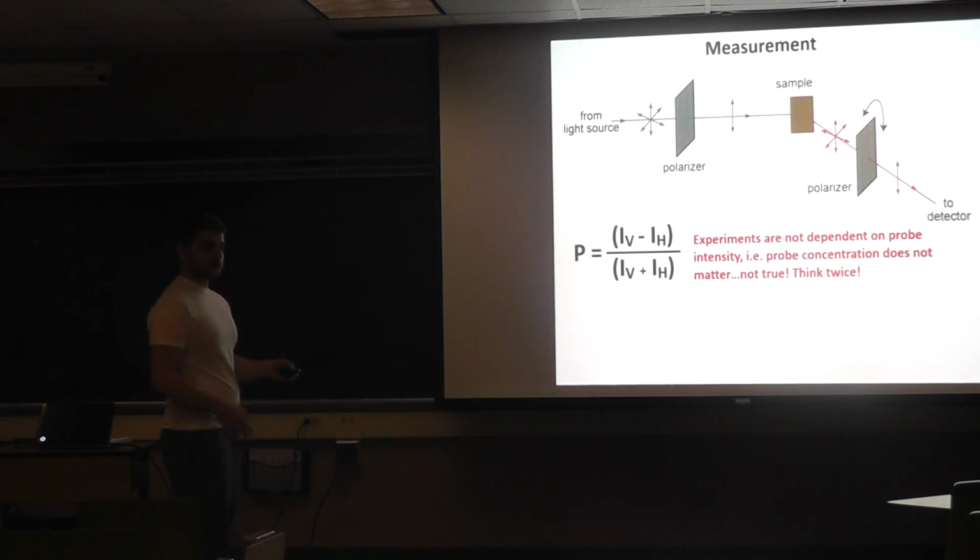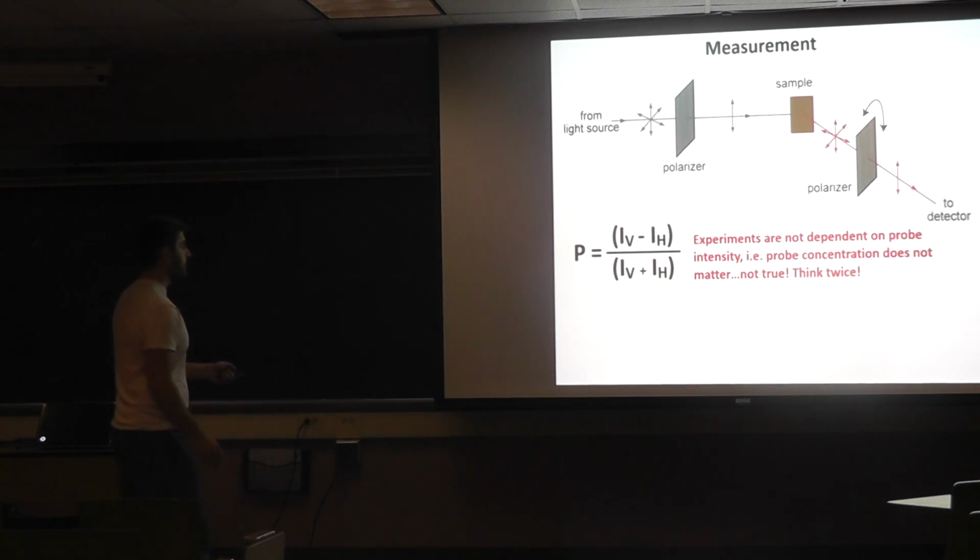Once I explain the theory, you will understand this vertical versus horizontal fluorescence intensities. Then this signal goes to the detector. There's, again, a polarizer, because you just want to measure the vertical intensity and the horizontal intensity and nothing else. And this is the equation that is used to measure the polarization.